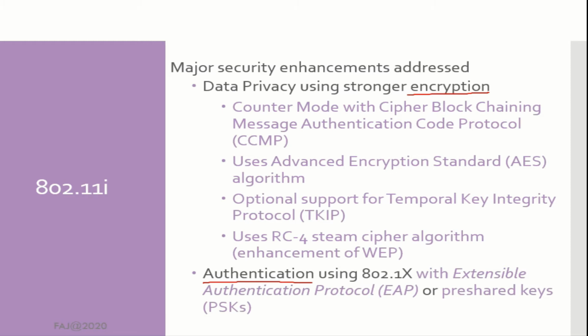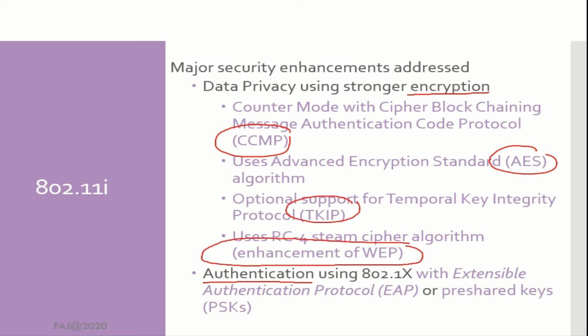For encryption, 802.11i uses CCMP, AES, TKIP, an enhancement of WEP. For authentication, it uses 802.1X with Extensible Authentication Protocol, EAP, or pre-shared key, PSK.